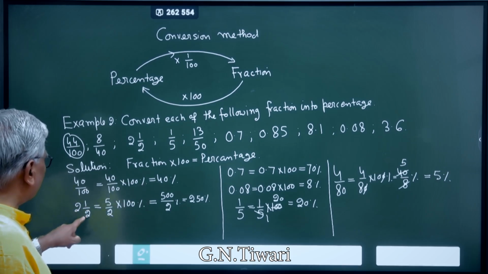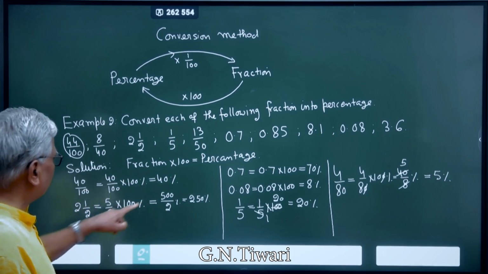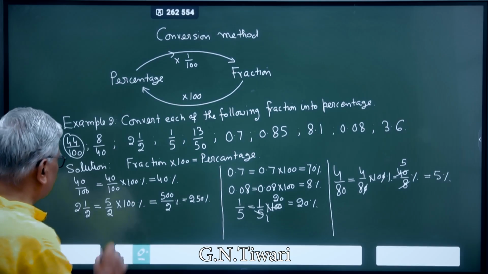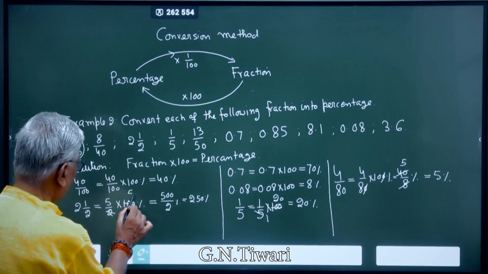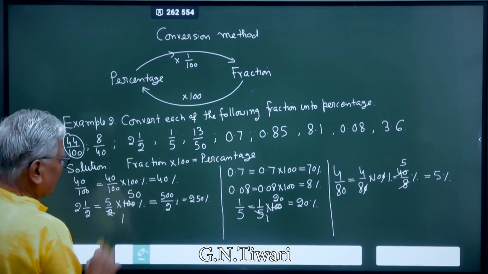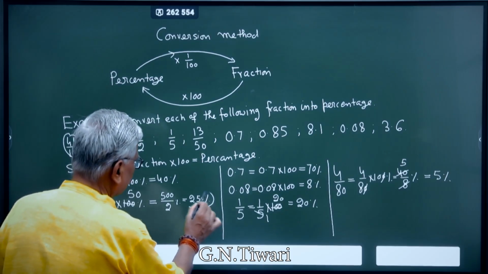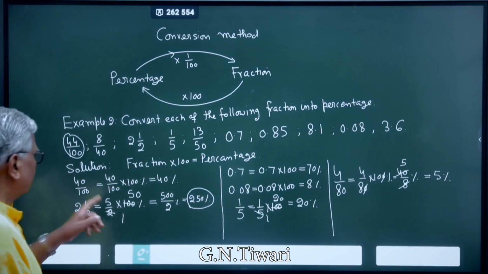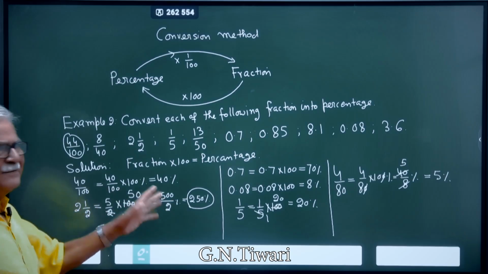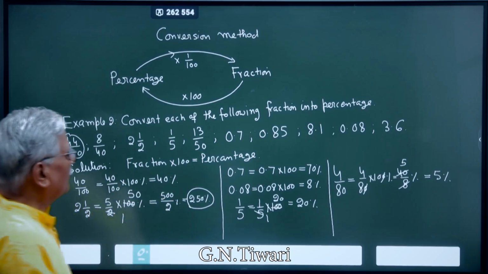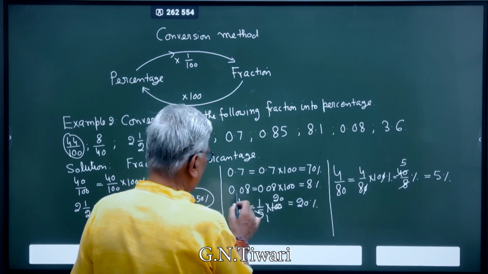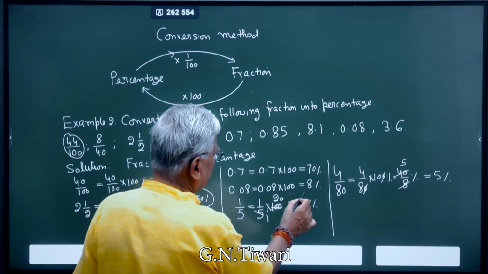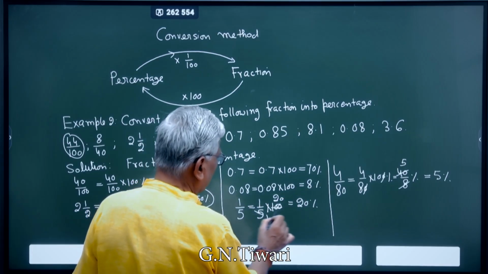2 and 1 by 5 is 5 by 2, into 100 is 250. Then 0.7 into 100 is 70%. 0.08 into 100 is 8%. 1 by 5 into 100 is 20%.